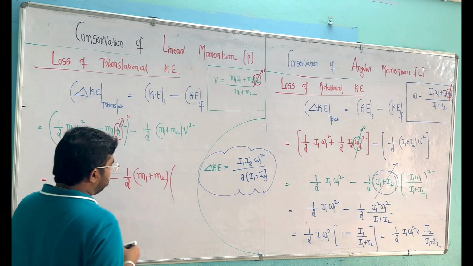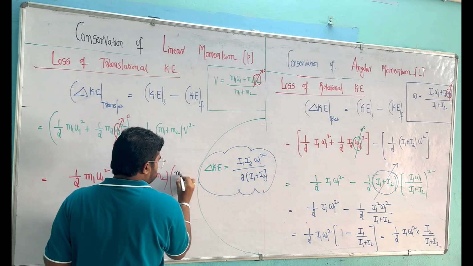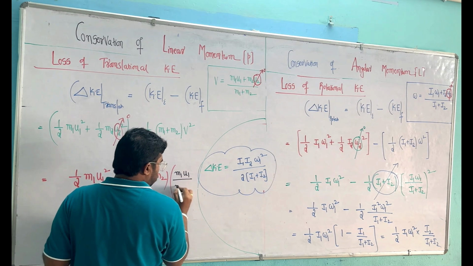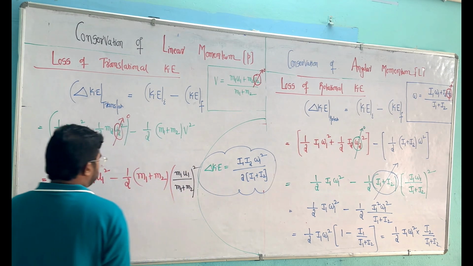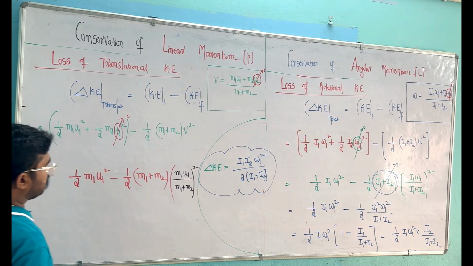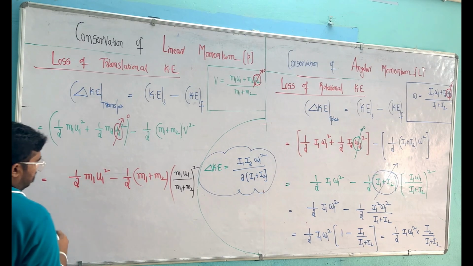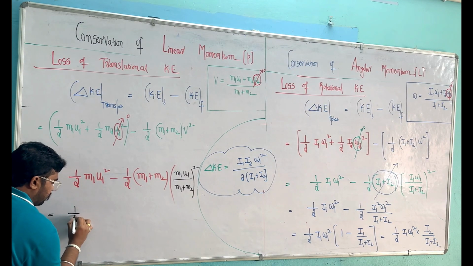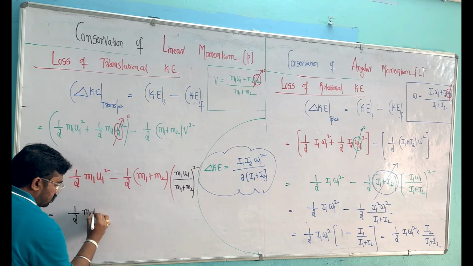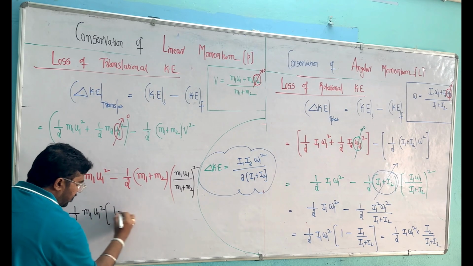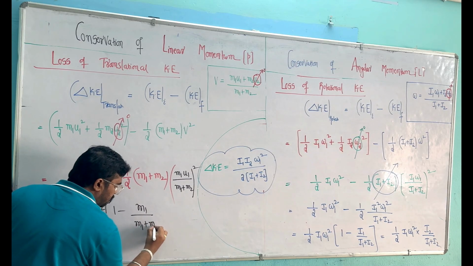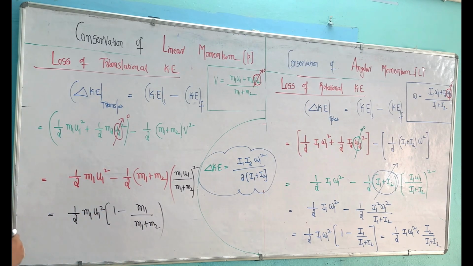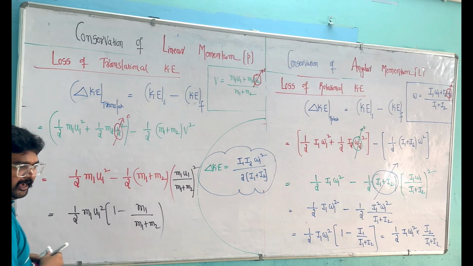square by m1 u1 by m1 plus m2 whole square will come. Finally m1 m2 gets cancelled out. Then here half of m1 u1 square into 1 minus m1 by m1 plus m2. Then what is the loss of kinetic energy? How much is obtained?